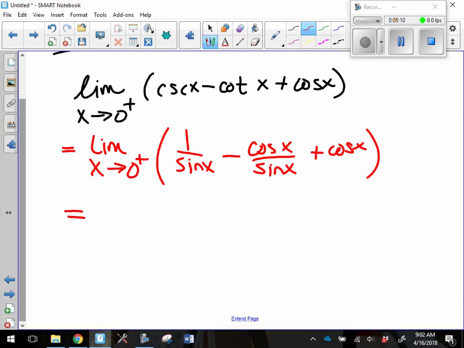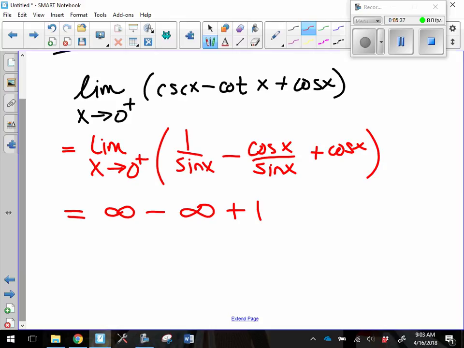So if we substitute in, what's the sine of 0 and what's 1 over 0? It's infinity. What's the cosine of 0? 1. What's the sine of 0? What's 1 over 0? What's the cosine of 0? 1.